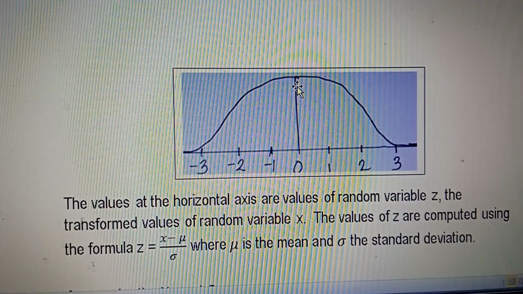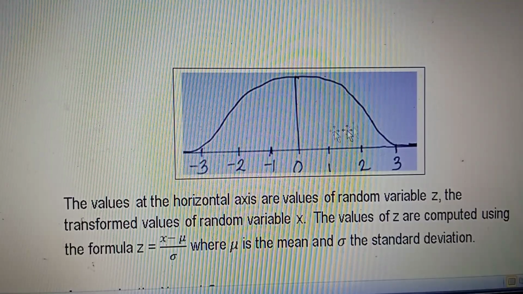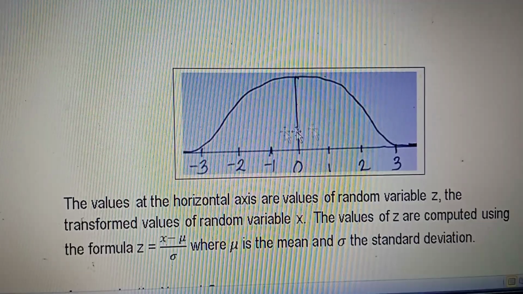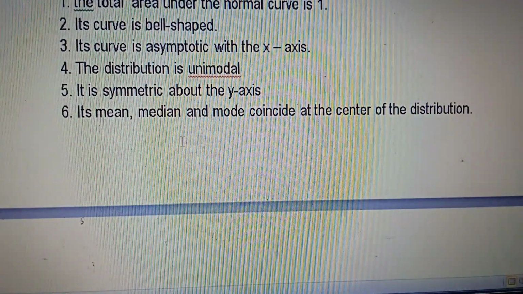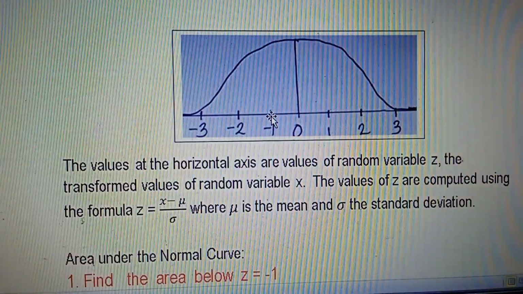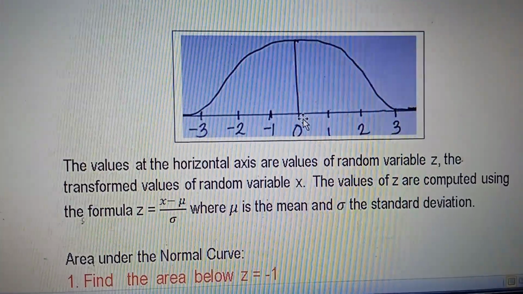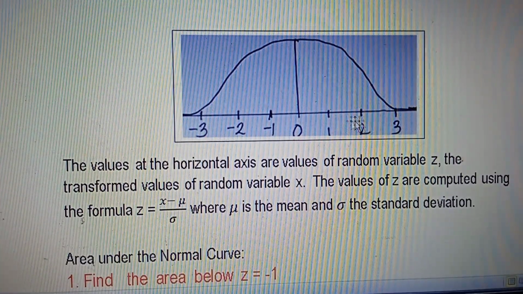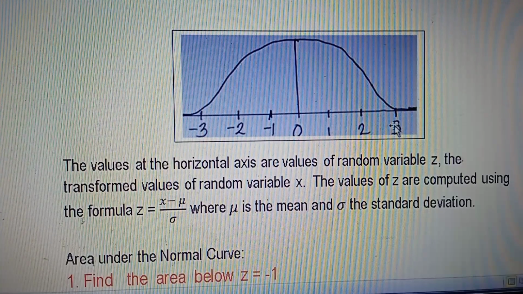When we say symmetric, it is divided into equal parts, and one is the reflection of the other. And the last one, its mean, median, and mode coincide at the center of the distribution. So the mean, median, and mode coincide here at z equals 0 because the values here are z-scores.